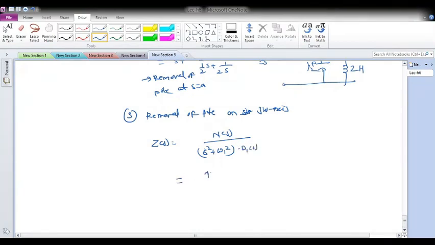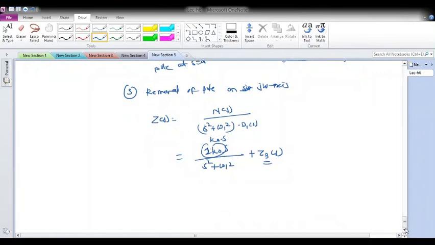So how can we write it? As 2k0s upon s square plus omega 1 square, and this 2k0 let me write as k0 as a multiplier factor, plus the remaining thing Z3 of s. Obviously Z3 of s is also PR, as Z of s is PR, and here the real part is 0, so the real part of Z3 of j omega is greater than or equal to 0, and k0 must be real and positive.